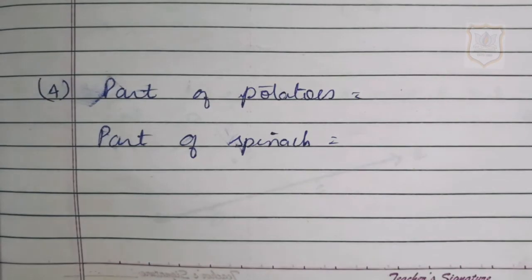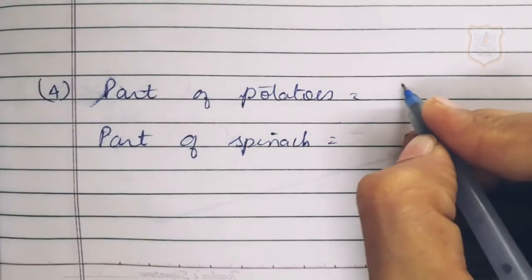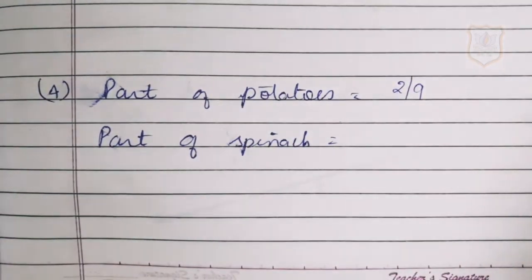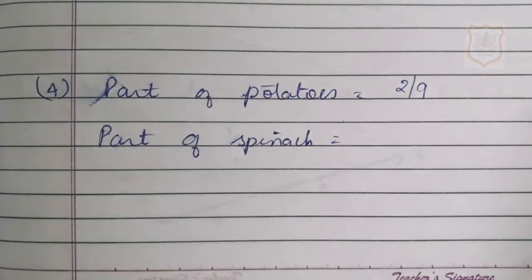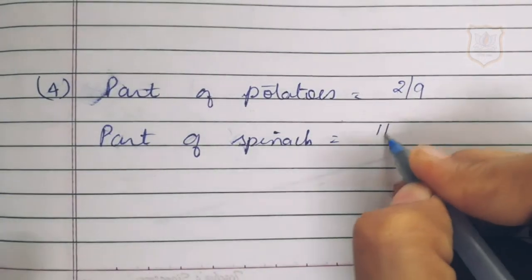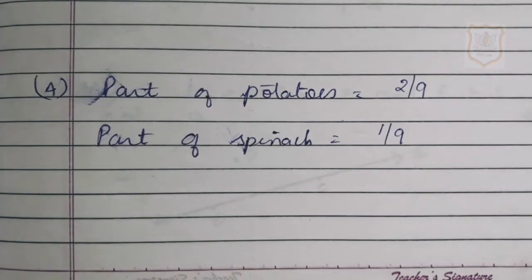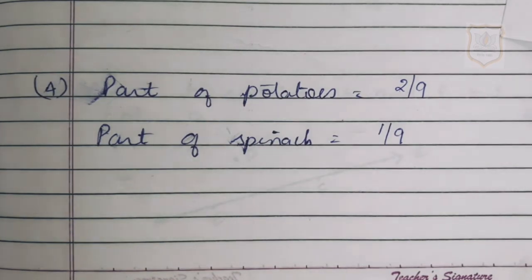Now solution for fourth part of question number 12. First we will write down the part of potatoes. The part of potatoes is 2 by 9 as potatoes is grown in 2 parts out of 9 equal parts of the field, and part of spinach is 1 upon 9 as spinach is grown in 1 part of the field out of 9 equal parts. Now here you can see that we have to find out how many times more is the part of potatoes than the spinach.